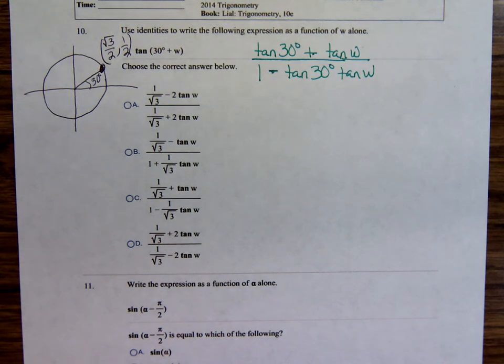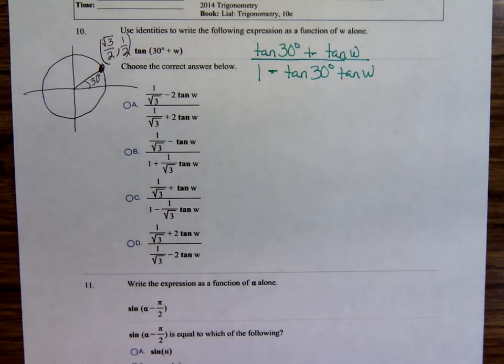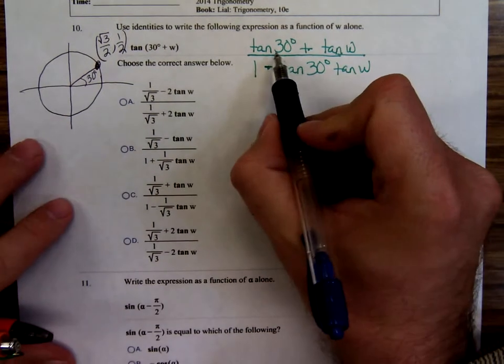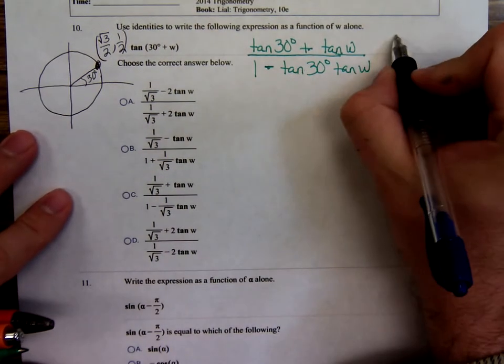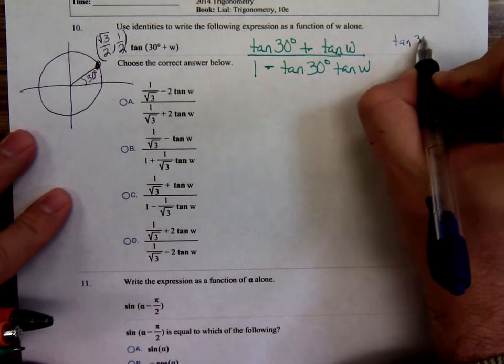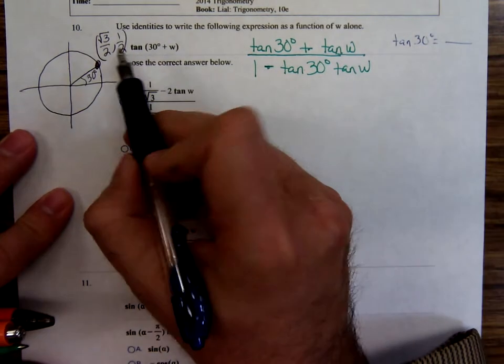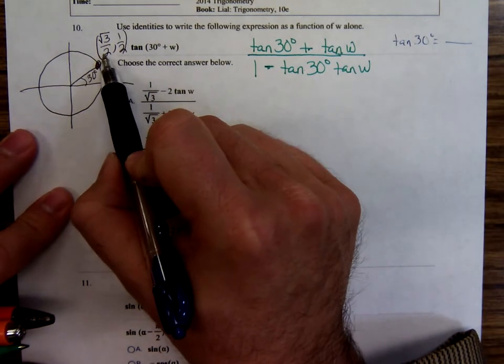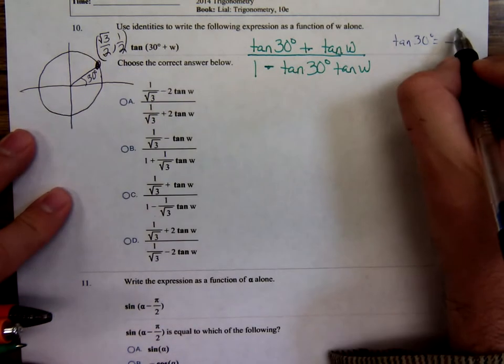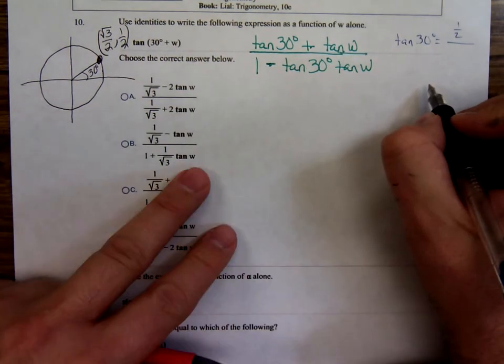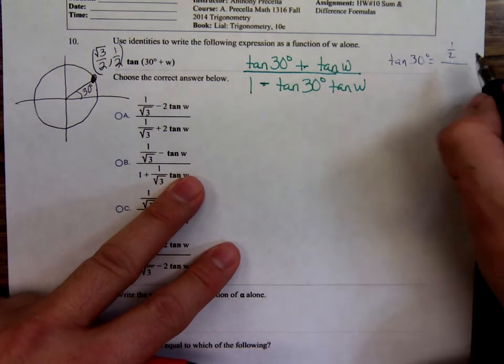So let's see. We need to know tangent 30 degrees, right? This is just my thoughts here. Tangent 30 degrees is sine over cosine. So it would be 1/2 over the square root of 3 over 2.